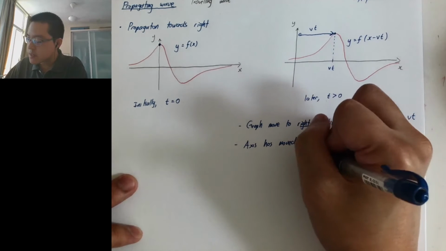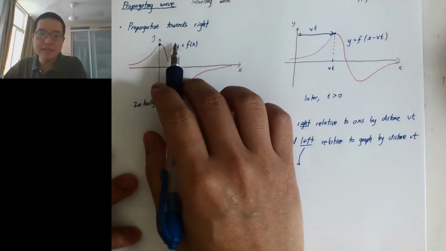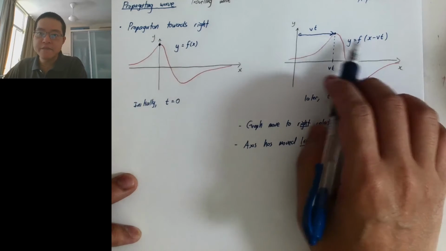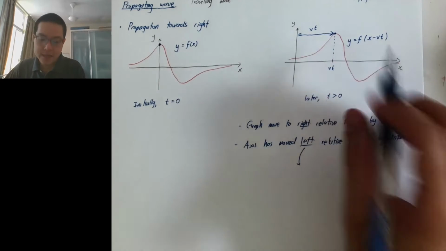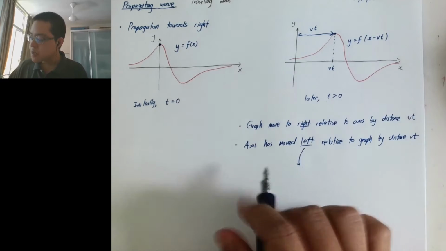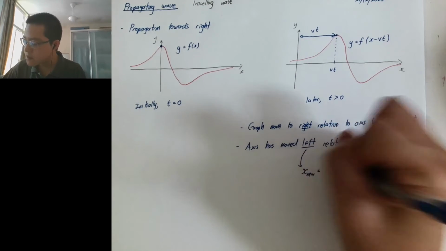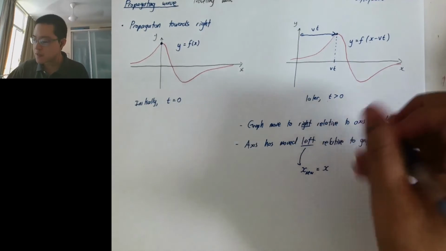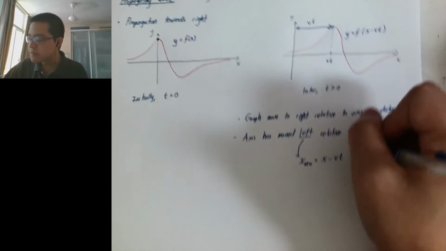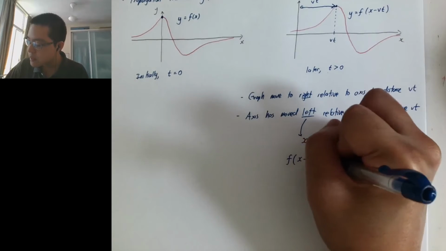So that means the graph is originally a function of x, but if I shift it, my new function should be x minus vt, because the axis has moved to the left. So my new x coordinate is the original coordinate minus vt, because it's moved to the left. So my function has become a function of x minus vt.